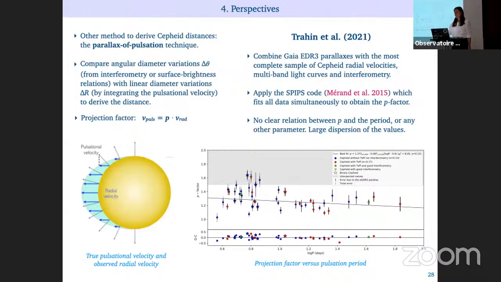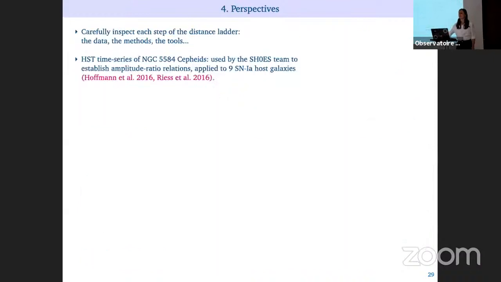Finally, I would like to mention a second paper. In this paper, we would like to carefully inspect one particular step of the distance scale, the second one, the Cepheid distance to supernovae host galaxies.